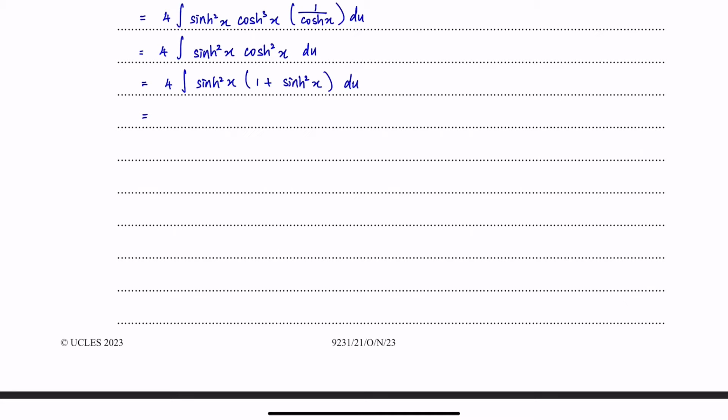So we can now sub u equals sin x. So this will be u squared times (1 minus u squared). And now it will be 4 times the integral of u squared minus u to the 4 du. And just integrate this part, which is u cubed over 3 minus u to the 5 over 5 plus c.